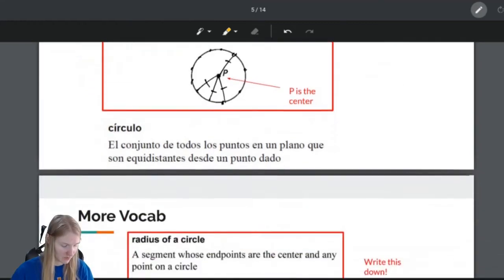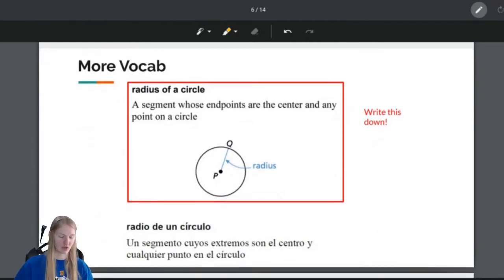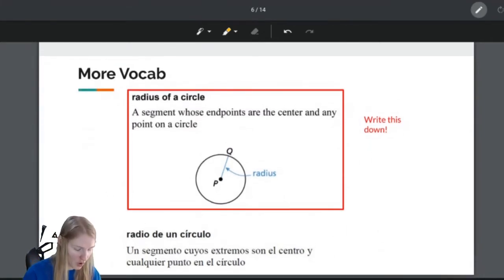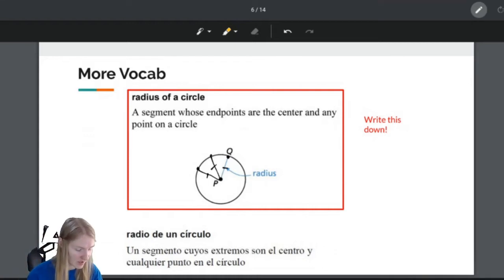All right, next vocab word is the radius of a circle. When we talk about all the points on the outside of a circle being the same distance away, what is that distance that all the points are away from the center? Well, it's the radius. A radius is a segment whose endpoints are the center and any point on the circle.